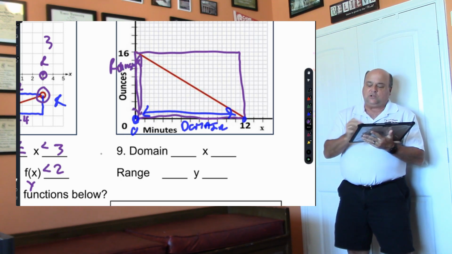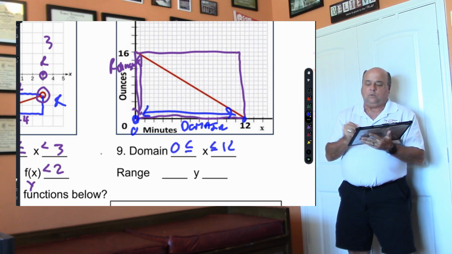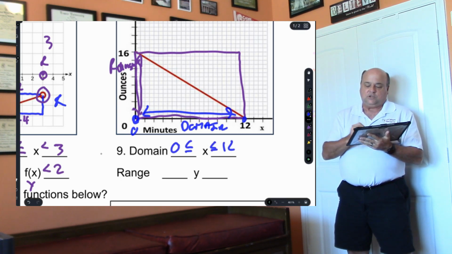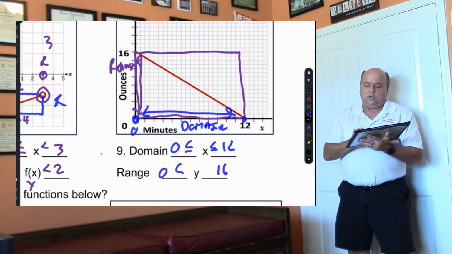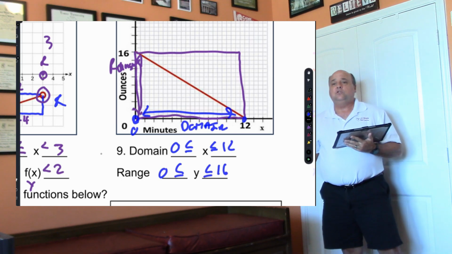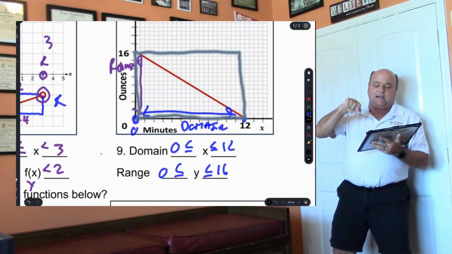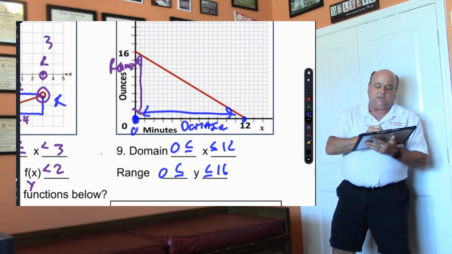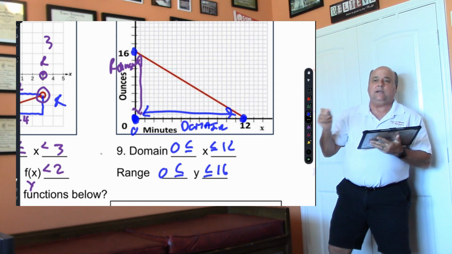So the domain starts at 0, it goes to 12, and you put less than or equals. The range starts at 0, you got to start at the bottom, and goes up to 16, you use less than or equals. So piece of cake, you're going from the left to the right. On a graph that looks like this, you're going from 0 to the x-intercept and 0 to the y-intercept.